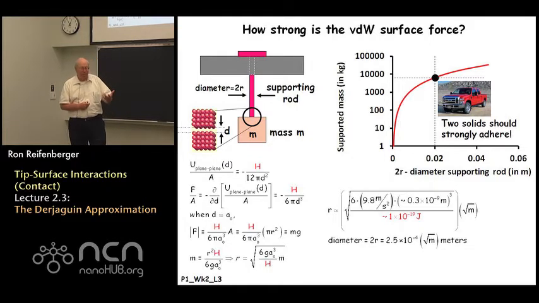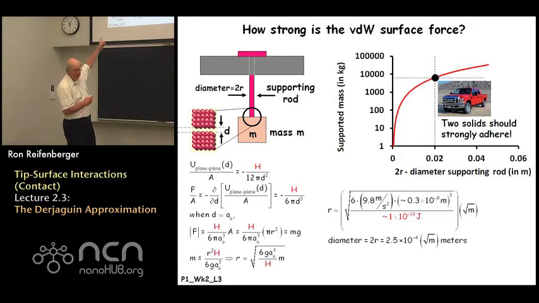So the answer to that question depends on what the van der Waals force is across the two surfaces that are separated by this distance d. You can get that force by taking the negative first derivative of the interaction potential energy. That's sketched out here.